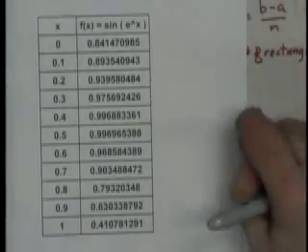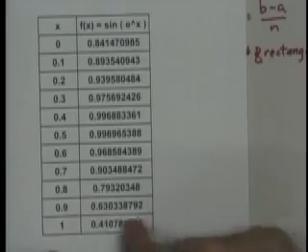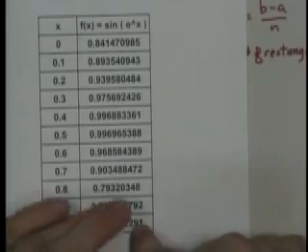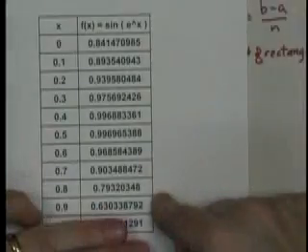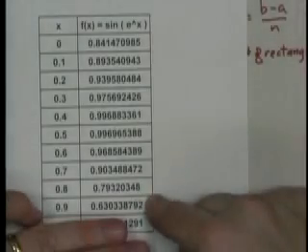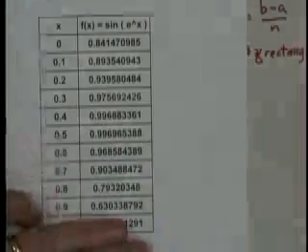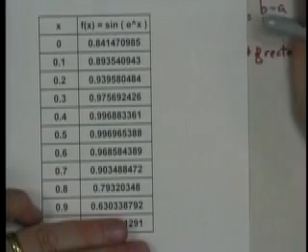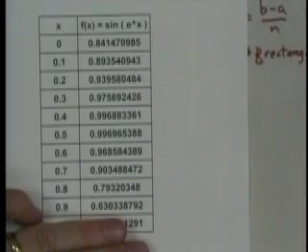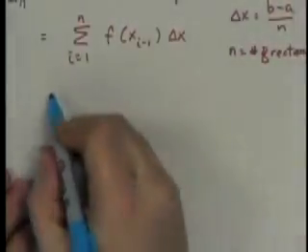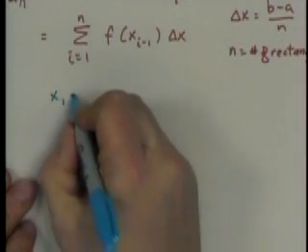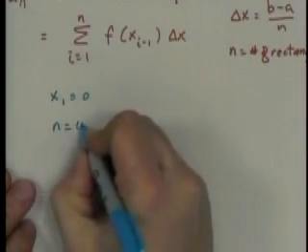So for the left-hand rectangles, I wouldn't use the value at 1, but I would use all the other 10 values, add these up, and multiply them by 0.1 because the width of my rectangle is 0.1. Does that make sense? So I'm going to do that once here. For our function, x sub 1 is 0, and n is 10.